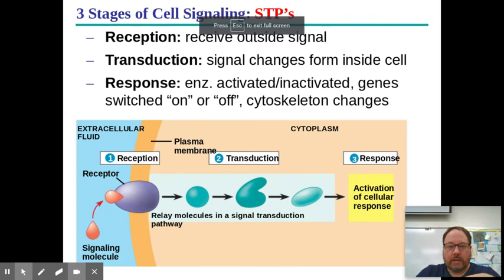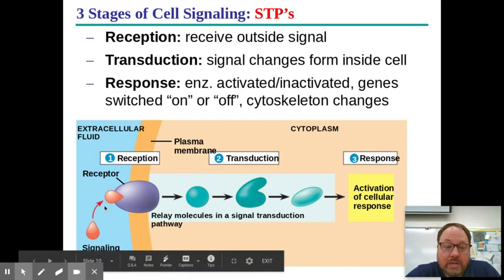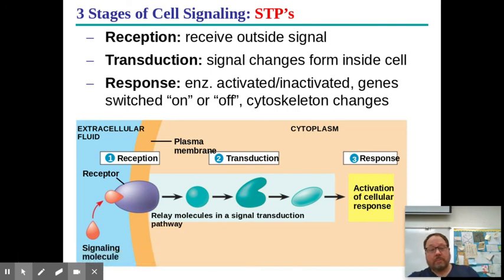Okay. Now, with everything we talk about, there are certain basic features of all types of chemical signaling. So this is something to take in as the basis for how this stuff works. There is the first step, which is reception. With reception, some ligand or signaling molecule docks on a receptor, and then that receptor changes its shape. And when the receptor changes its shape, it relays the signal inside the cell.